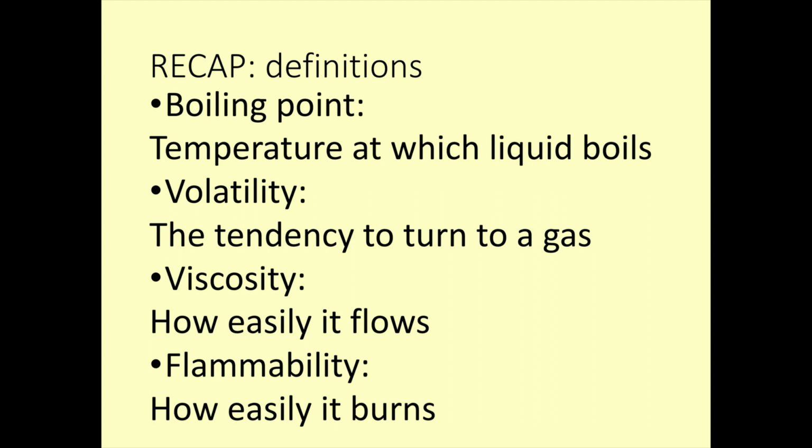Our viscosity, if you think about the uses of some of these, so right at the bottom of that fractionating column, you get the residue, which contains hydrocarbons that are used for things such as tarmac, so to make our roads. And so if you think about how easily that flows compared to, say, petrol going into a car.